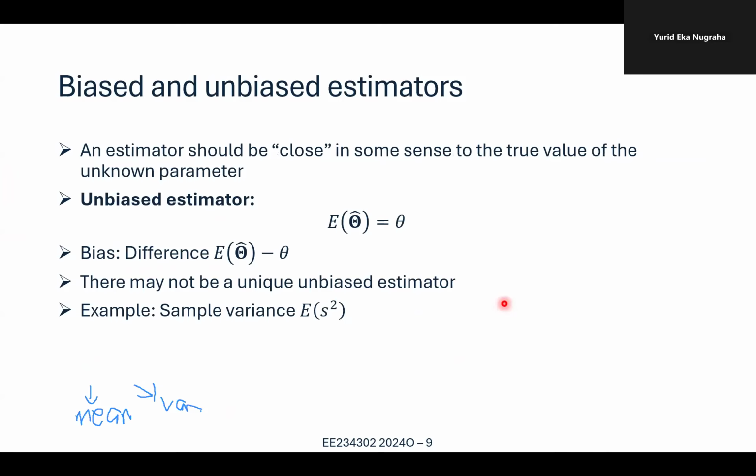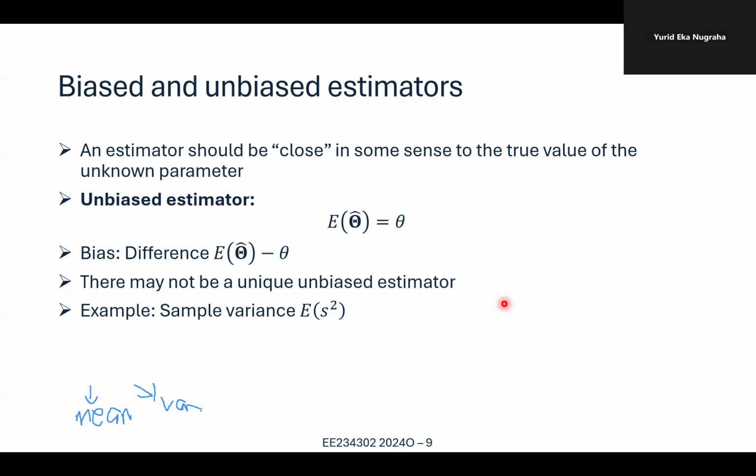Now, for bias and unbiased estimators, it's argued that an estimator should be close in some sense to the true value of the unknown parameter. So for the unbiased estimator, E of theta hat is equal to theta, and there may not be a unique unbiased estimator. There could be many of them.